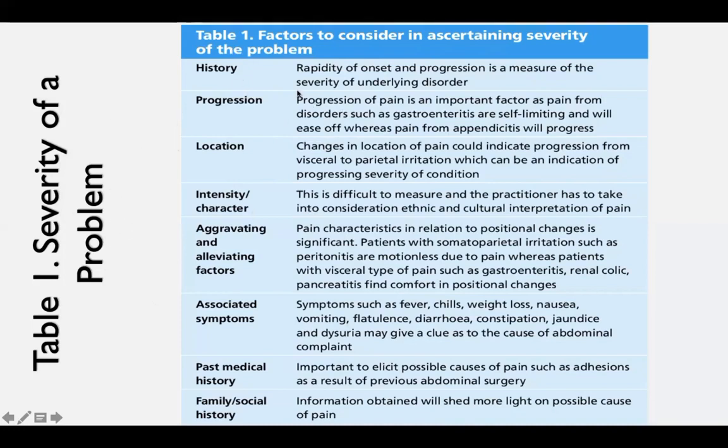So how you remember is you take a brief history: when it started, how fast it is progressing, the location where the problem is, the intensity, the character, aggravating and alleviating factors, associated symptoms, past medical history, family and social history. So this is a short version of ascertaining the severity of a problem, usually done in the emergency department, because in the emergency department we don't have a lot of time. So this is an emergency type of clinical examination.